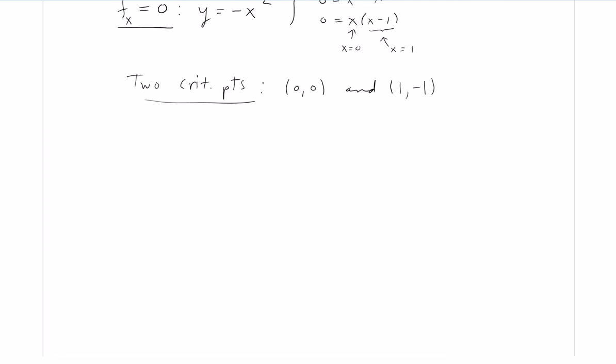And in the second derivative test, we need this quantity called the Hessian determinant. So before we get into that, we need the second derivatives. So we need fxx, fyy, and fxy, which, if you'll remember, is always the same as fyx. The order in which you do derivatives doesn't matter.